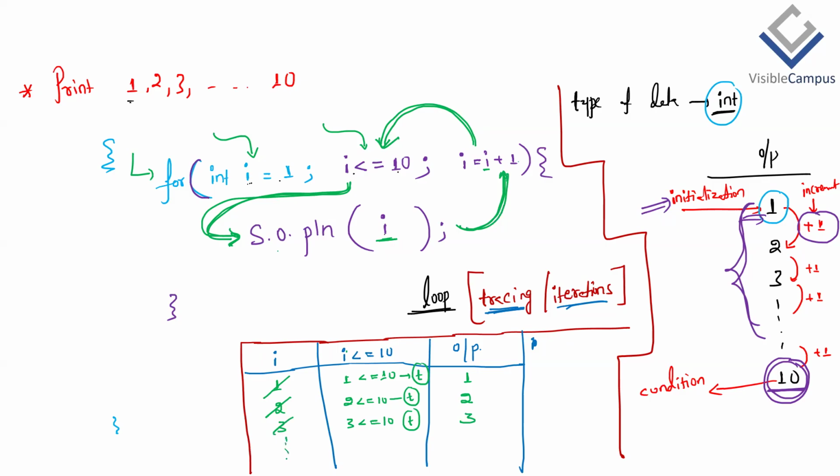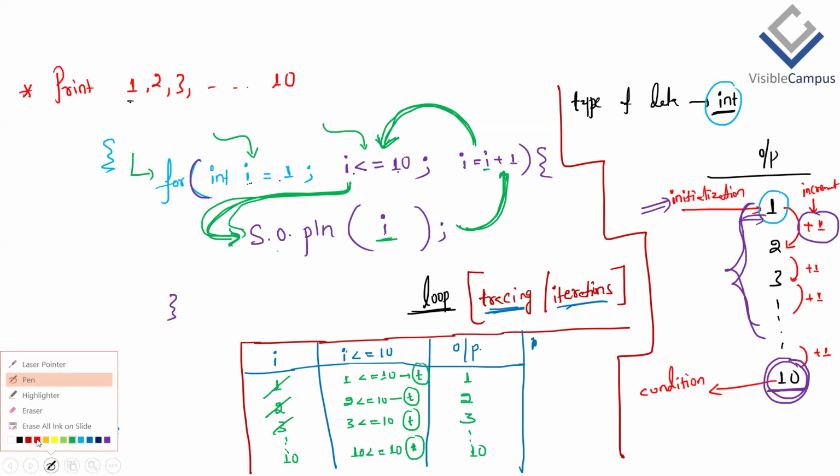Assume that it has reached 10. After the I value becomes 10, the condition check will happen: 10 less than or equal to 10, true or false? True. Therefore, execute the body and print the latest I value. Then next step, where should it go? Out of the for loop?